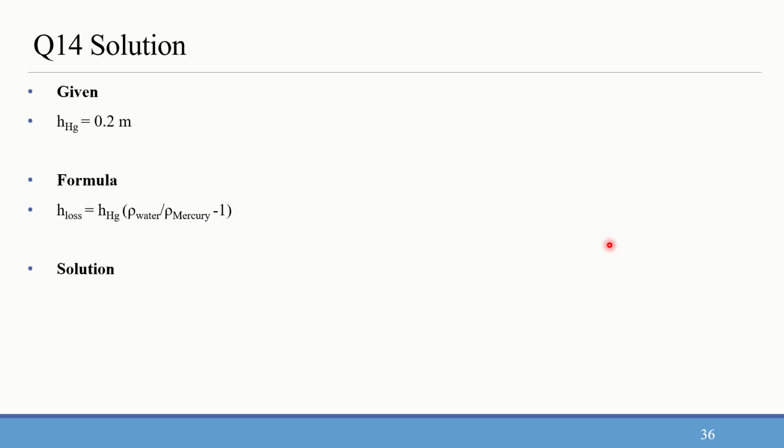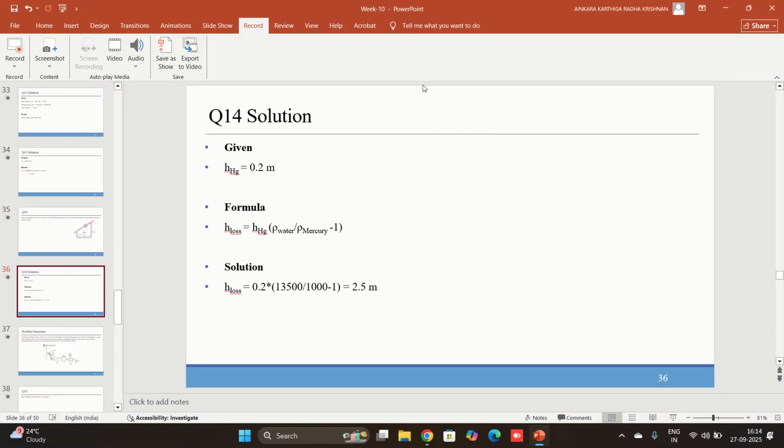Here rho water is 1000 kg per meter cube, and rho mercury is 13,500 kg per meter cube. Okay, I think I did that wrong. So 13,500 divided by 1000 minus 1, into 0.2.